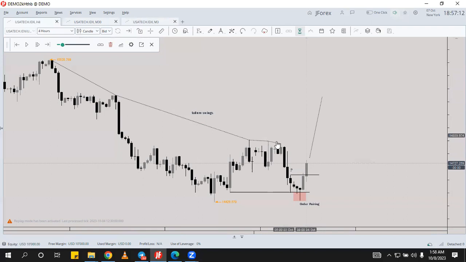So in summary, we have low resistance liquidity along these failure swings, and that is drawing price towards that area there. And that is how I was able to conclude the bullish bias in my H4 time frame.